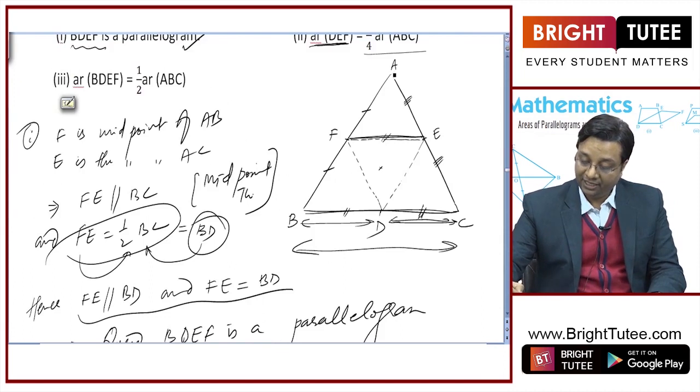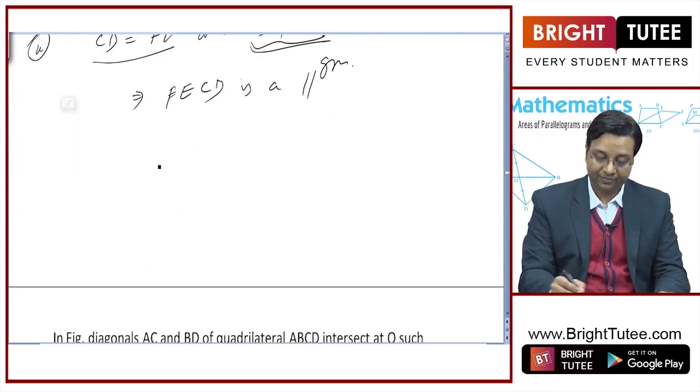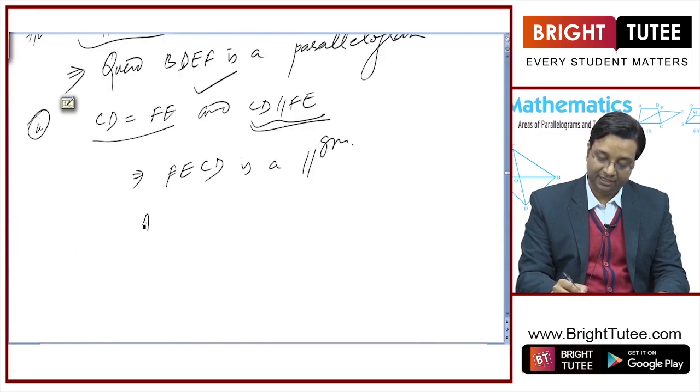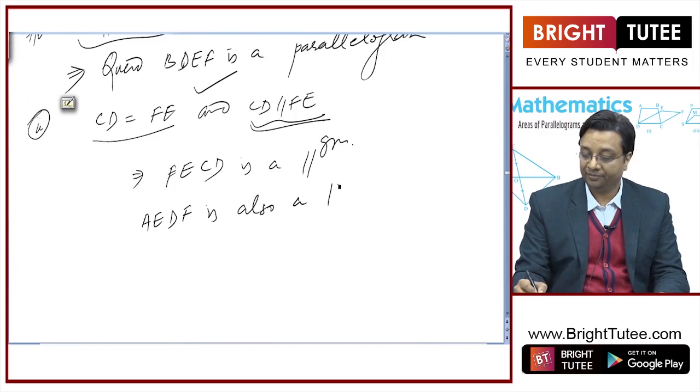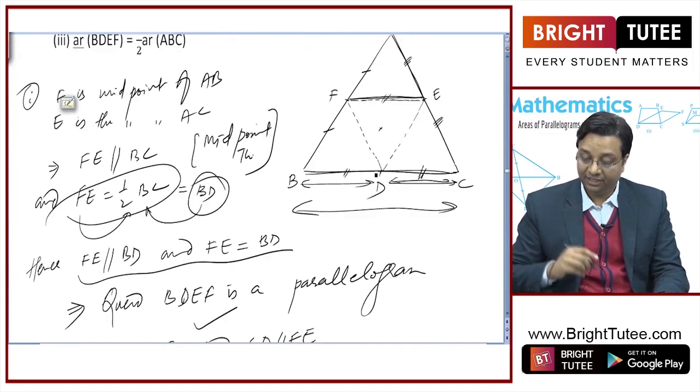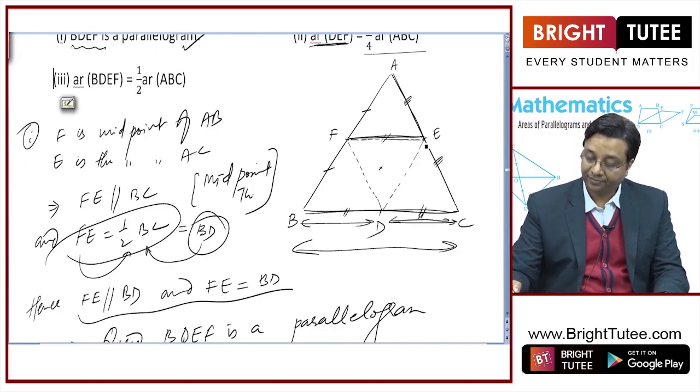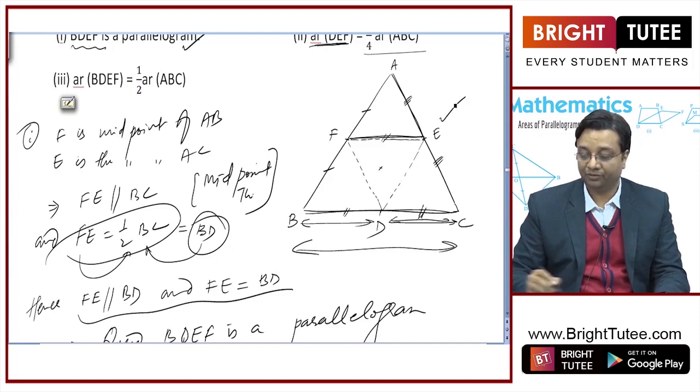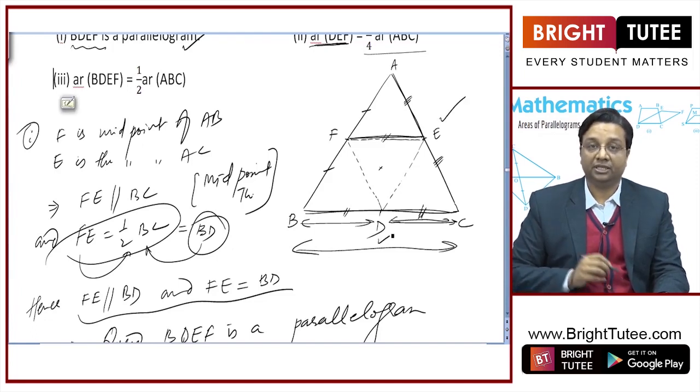Similarly, can you prove that AEDF is a parallelogram? Yes, I can prove. AEDF is also a parallelogram because of the same reasons. Why? Because you can say E is the midpoint of AC and D is the midpoint of BC.